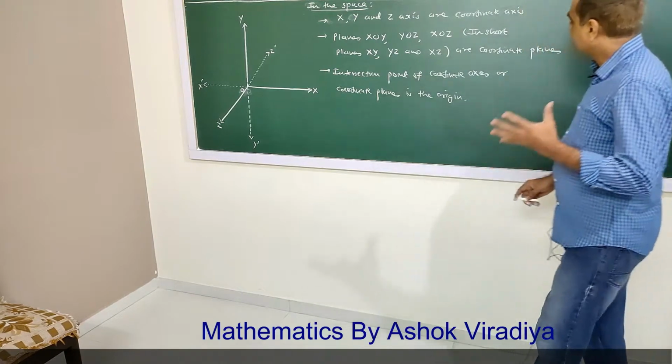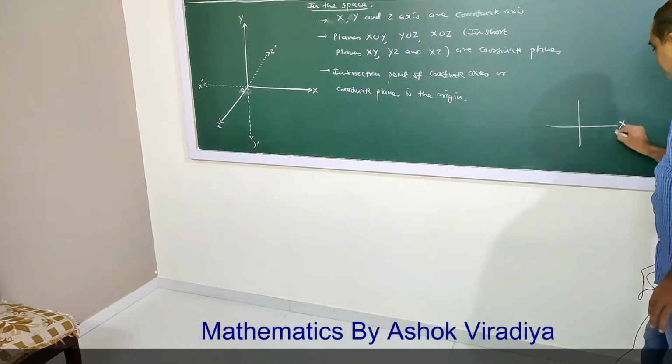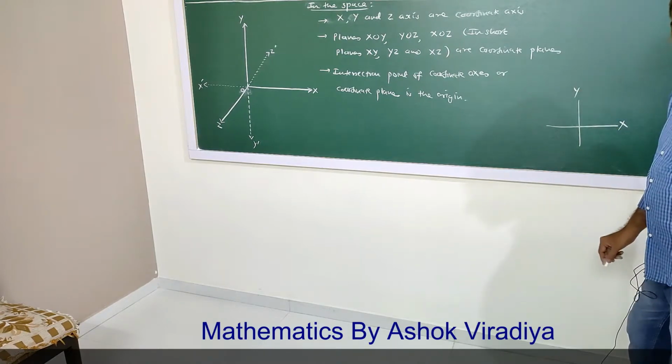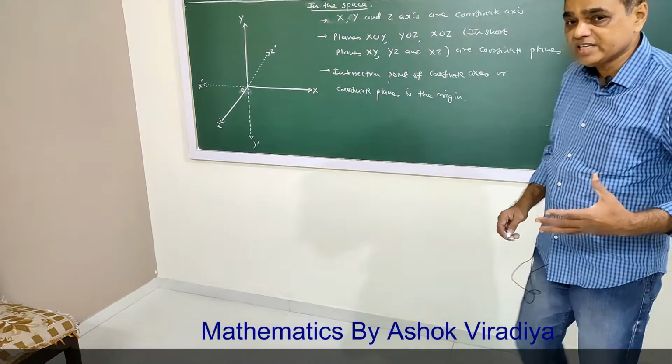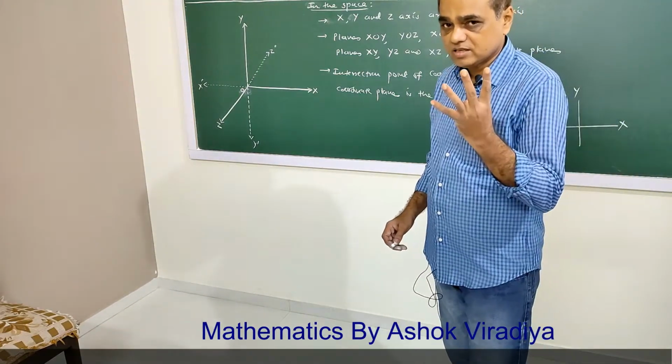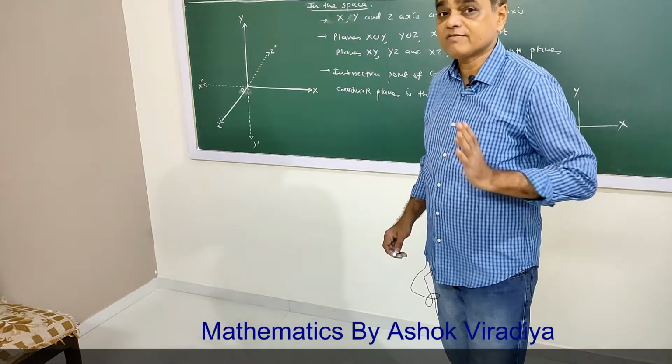Say in a plane, when we draw two axes, x-axis and y-axis, the plane is divided in 4 parts, which we say quadrants: first quadrant, second quadrant, third quadrant and fourth quadrant.